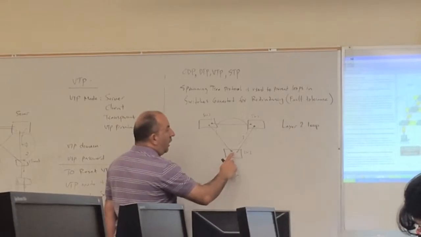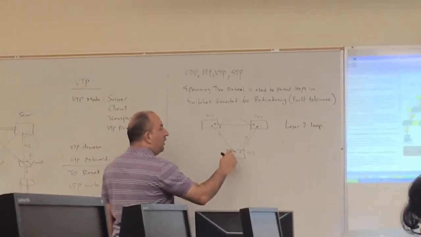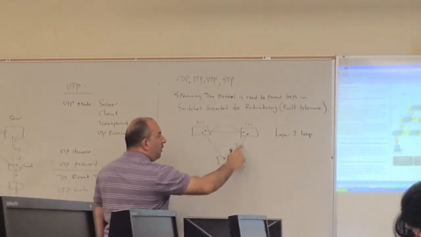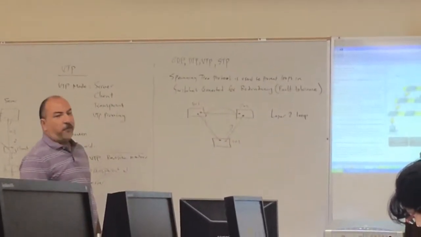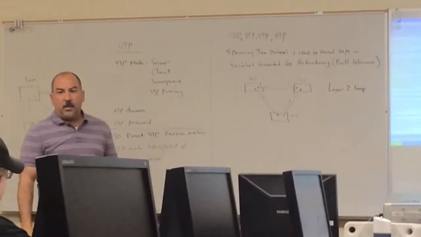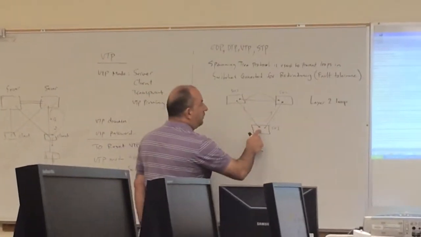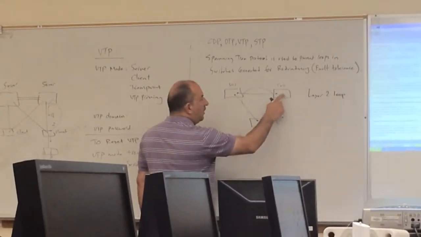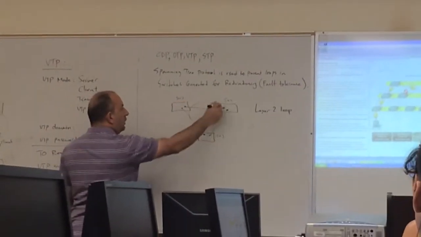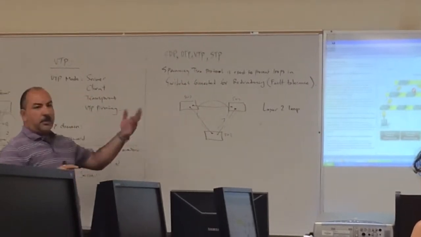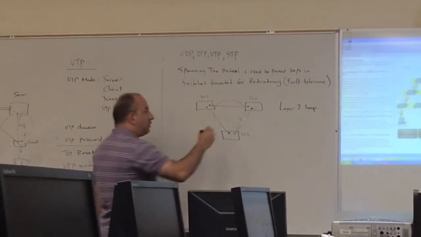So I want to make sure that even though these are connected like this for redundancy, correct? For example, this switch can send the data this way, but if somebody disconnects this cable, then the data can go which way? That way to this switch. So there are 2 ways to go to that switch.